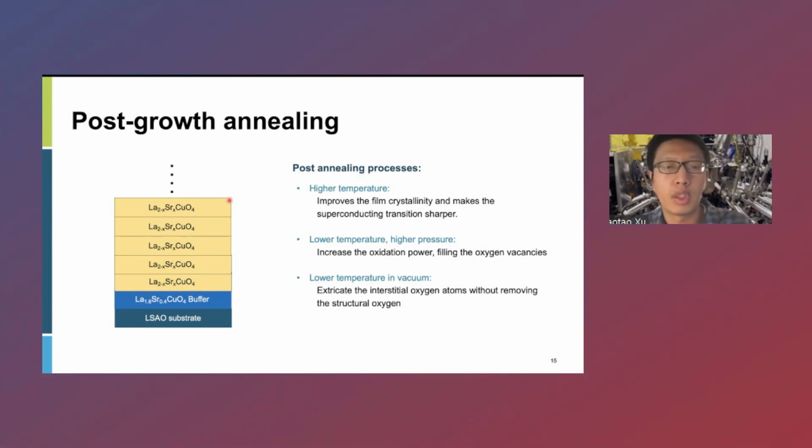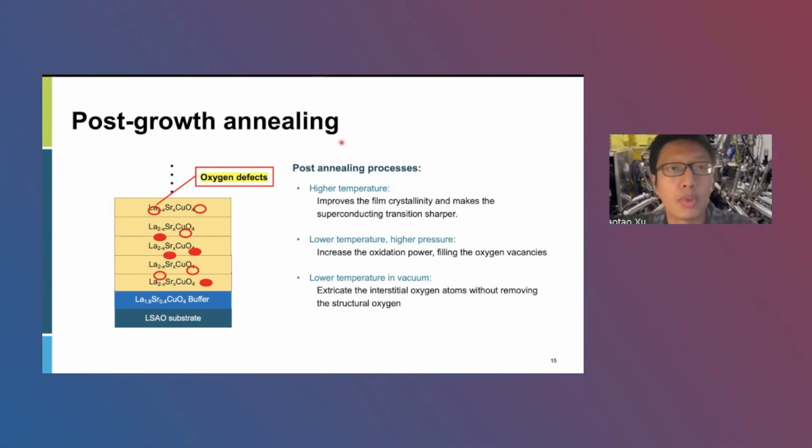And what happens is it will mostly affect the oxygen content in our film, and they will create oxygen defects, normally containing extra oxygen atoms or oxygen vacancies. So a proper post-annealing process is very necessary.